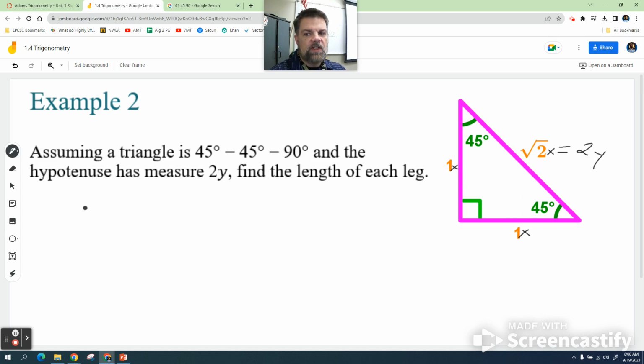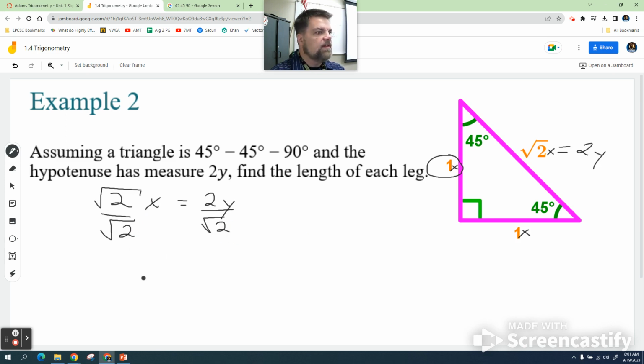So I'm going to solve for x because that's what this is. This is 1x. And the way that I do that is I'm going to divide by the square root of 2 on both sides.